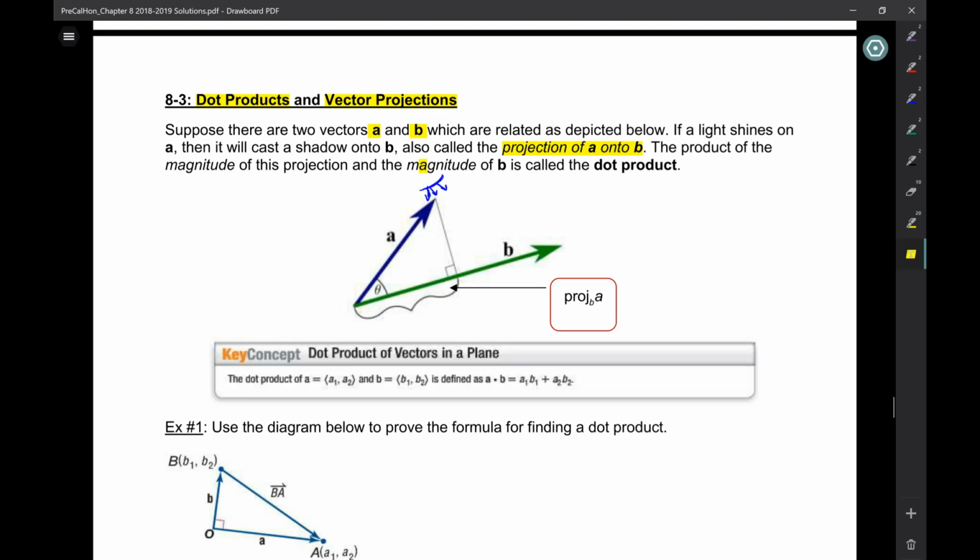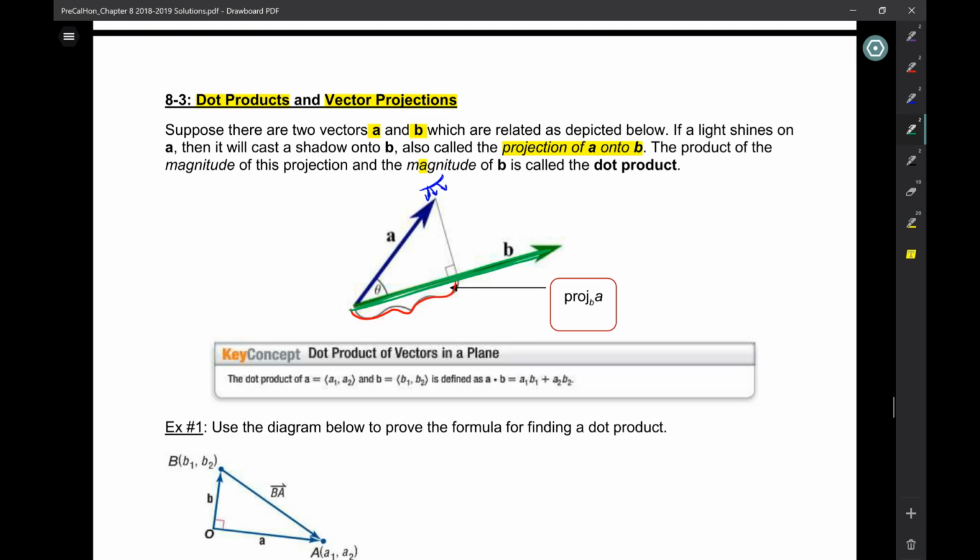Now, if we were to take the length of this projection, so that's a length, a number, 5 centimeters, 12 centimeters, and multiply it by the length of this vector, that's the dot product.